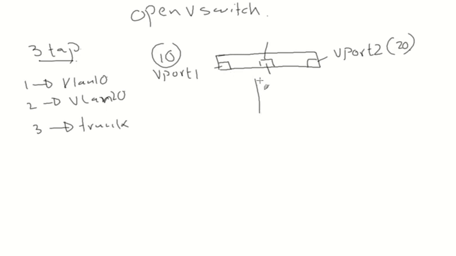So in the beginning, I'm just going to connect my FreeBSD to this port, which would be vport3. And I'm going to then create two VLANs on FreeBSD. This VLAN is going to be VLAN 10 and this one would be VLAN 20.